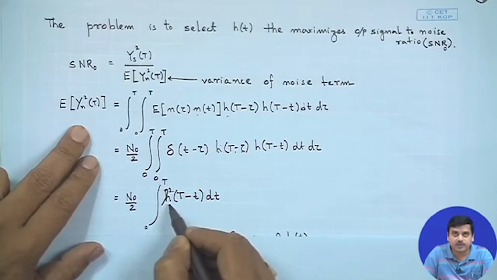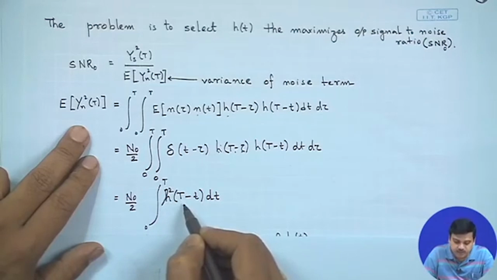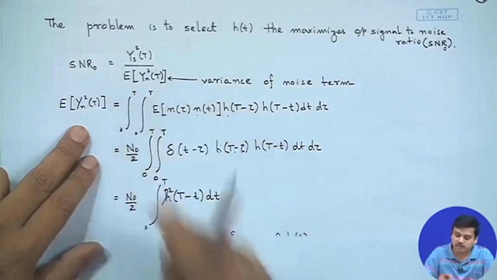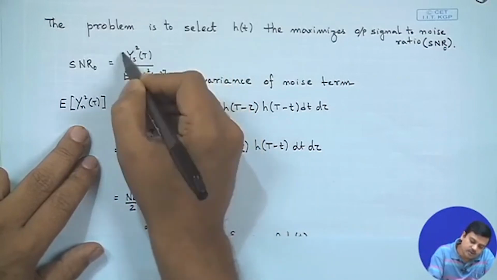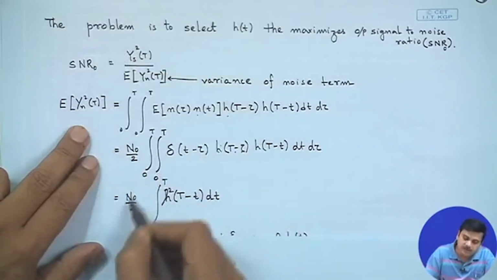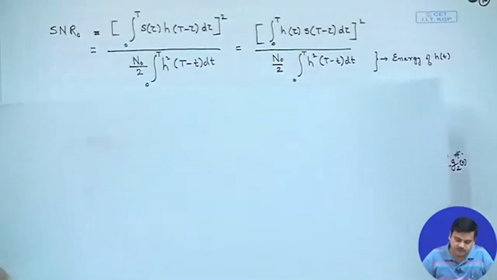This H is the impulse response. If we are talking about a constant energy impulse response, the denominator is constant. So, to maximize this, you have to maximize the numerator on the condition that the denominator is held constant.